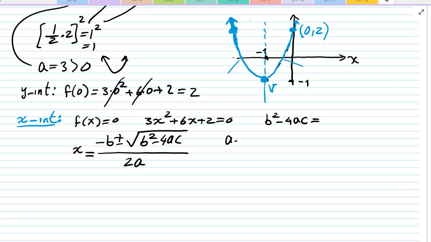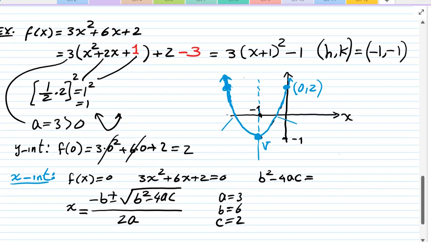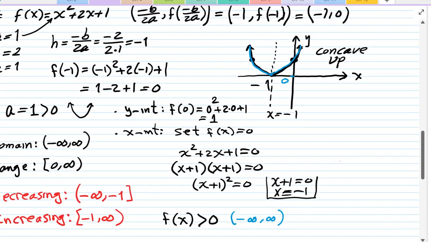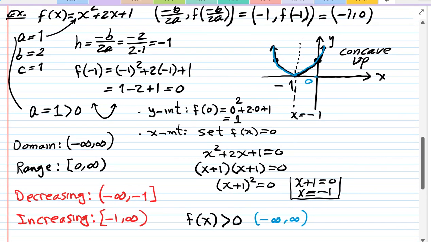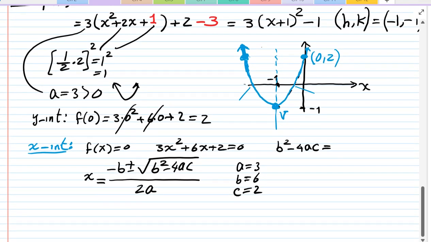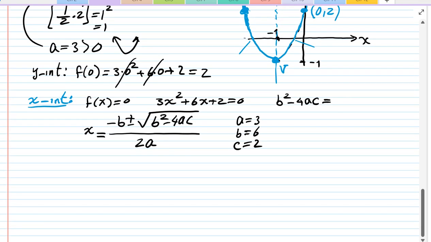And remember, for this one, a is 3, b is 6, and c is 2. We identified those earlier for the other problem as well. So let's do them for this one. Now, b squared, that's going to be 36 minus 4 times 3 times 2. That's 36 minus 24, or 12. Now, 12 is not a perfect square number.